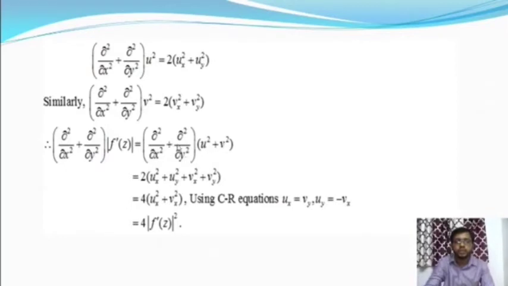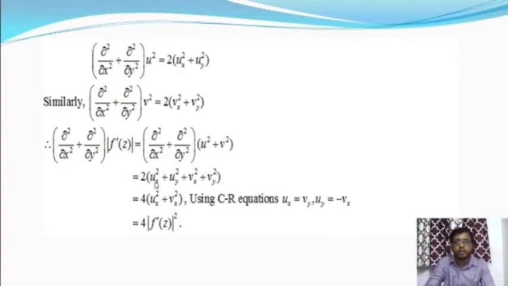So if we separate this function, first one is the second derivative of u square, and the second part is the second derivative of v square.